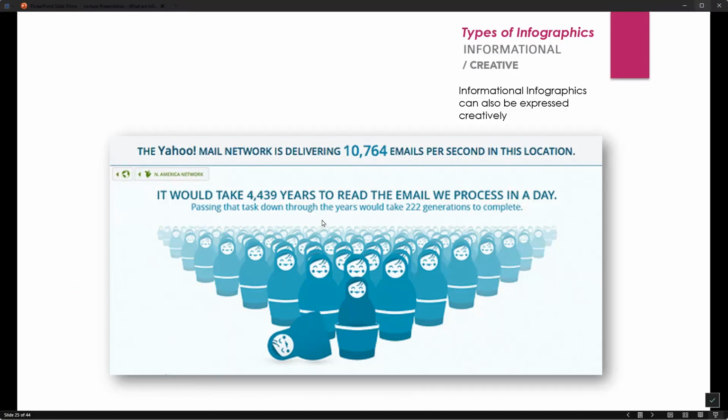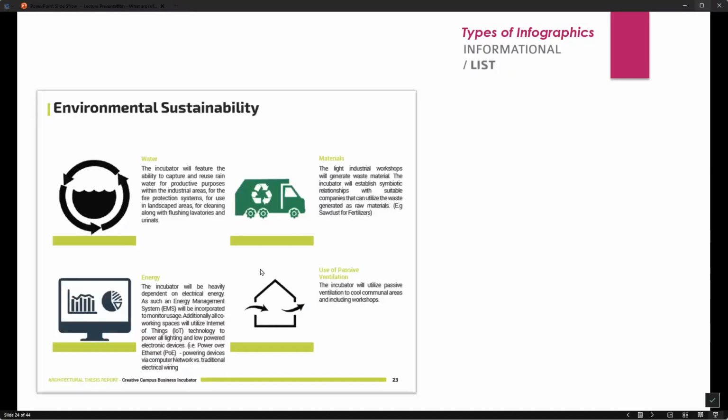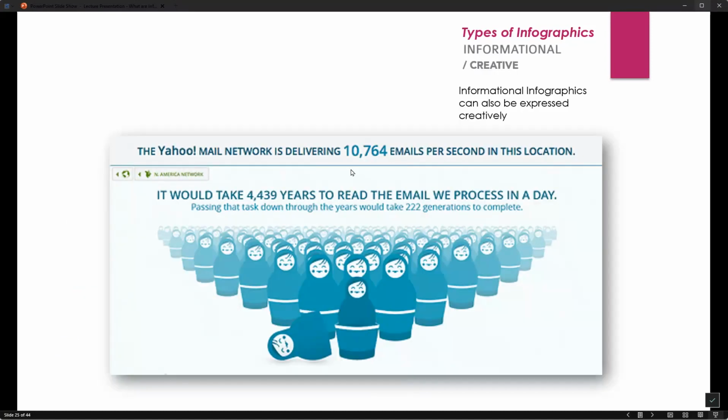This is also informational. So for example, you have icons here and some amount of information. This one, you have these symbols here. So this says it would take 4,000 plus years to read the email we process in one day. So that is the information it is giving you, but it's also giving you this diagram so that you get a picture of things that are a lot, right?